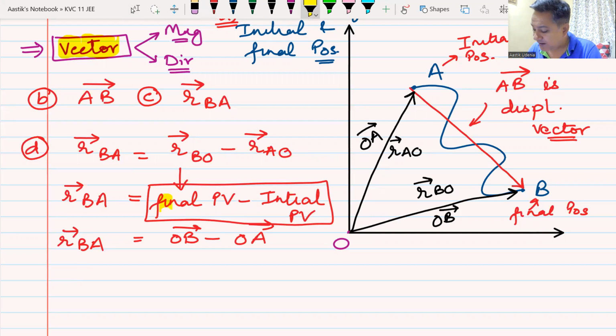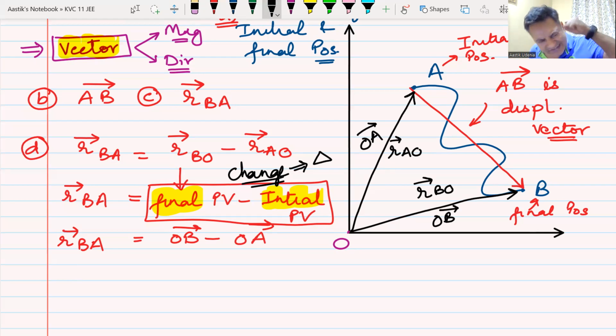Whenever we talk about final minus initial, we always talk about something which I call change. Change means final minus initial. Do we understand this? Now this change is denoted by this letter delta. This is not a triangle. This is delta, a Greek alphabet. Change is always denoted by the Greek letter delta, which looks like a triangle.